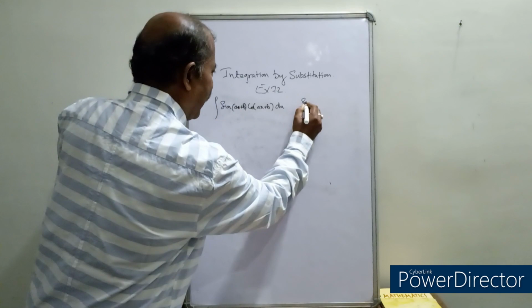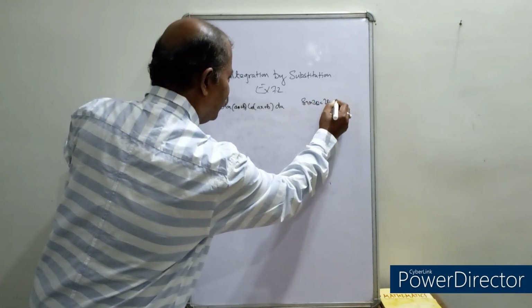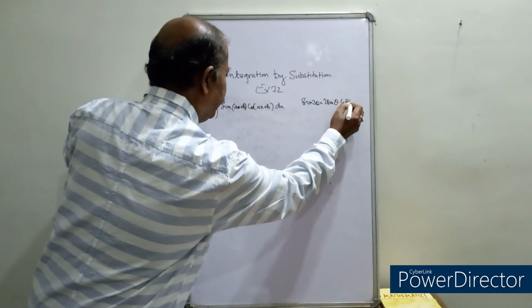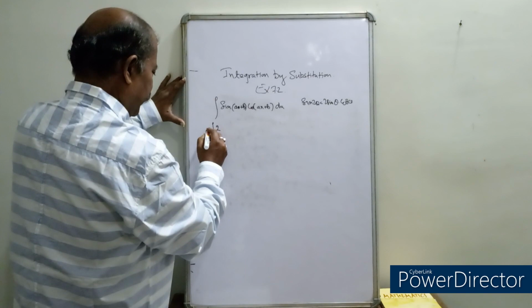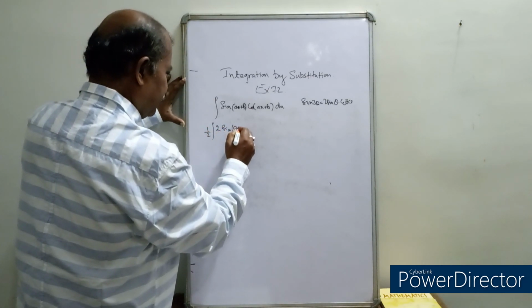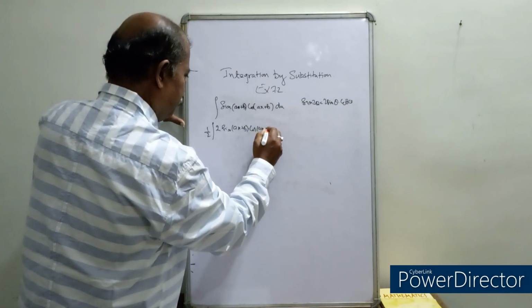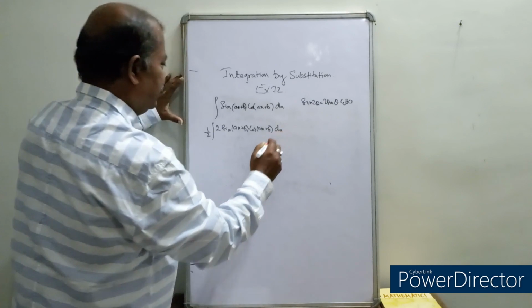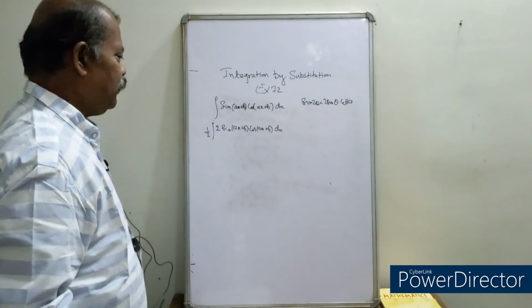You know that the formula of sin 2 theta is 2 sin theta cos theta. So here 2 by 2, that is 1 by 2 outside, sin(ax plus b) and cos(ax plus b) dx. So here 2 sin theta cos theta, its formula is sin 2 theta.